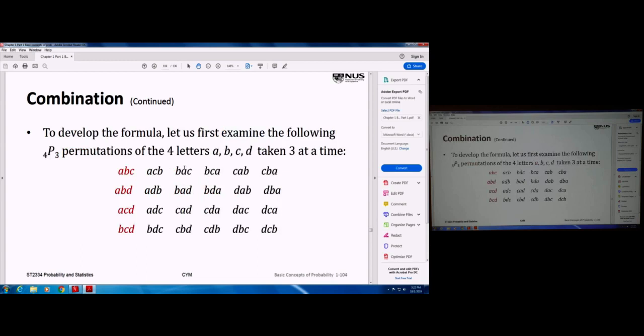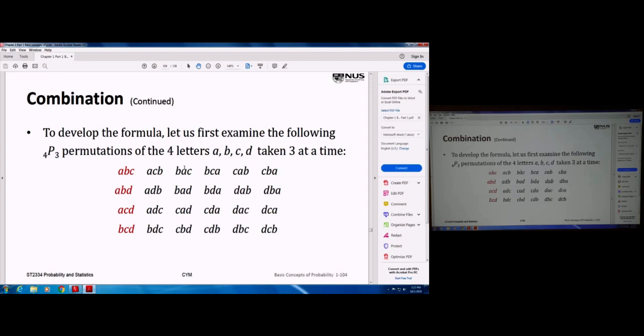Now, where does that formula come from? It's mystifying on some level, so let's derive it with an example. First, permutations, which we understand. I take 4 letters, A, B, C, D, and take them 3 at a time.